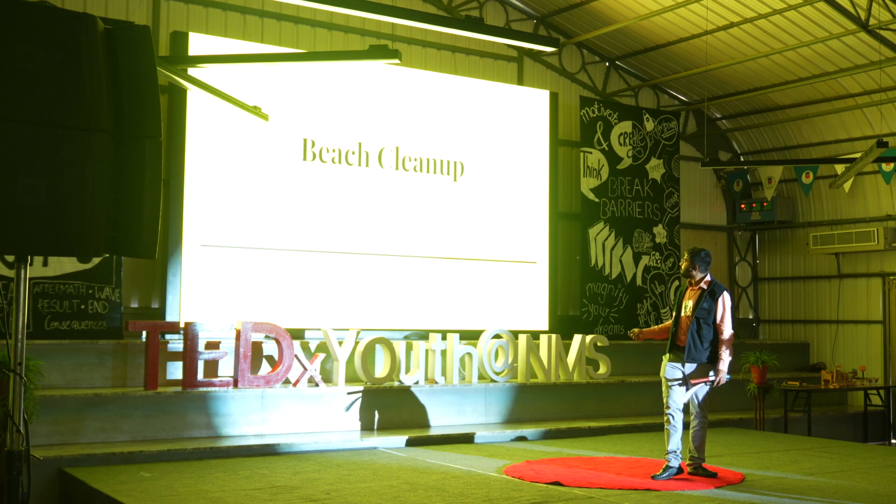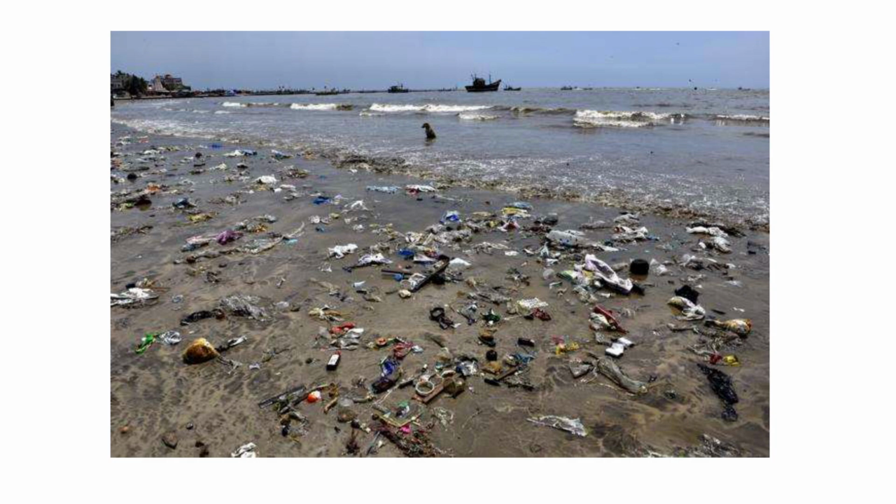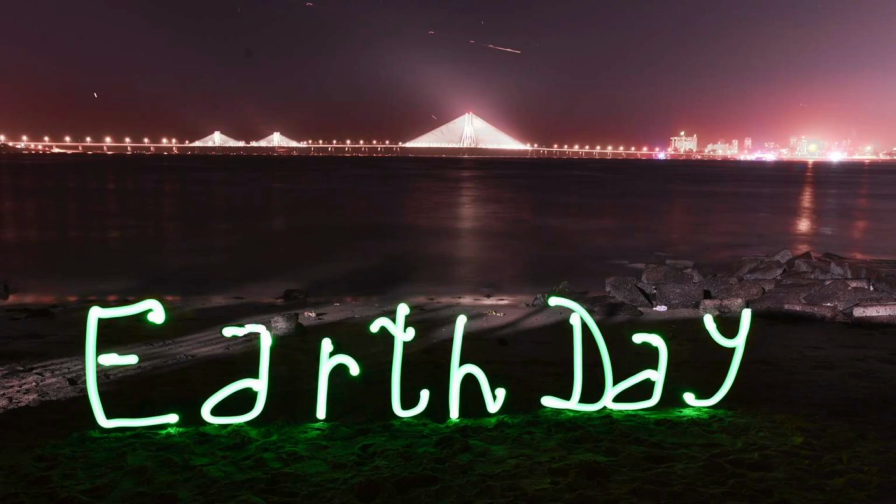So the beach looked something like this. The other beach looked something like this. And they gave us the opportunity to create something like, okay, the images are not clear, but you get the gist of it.